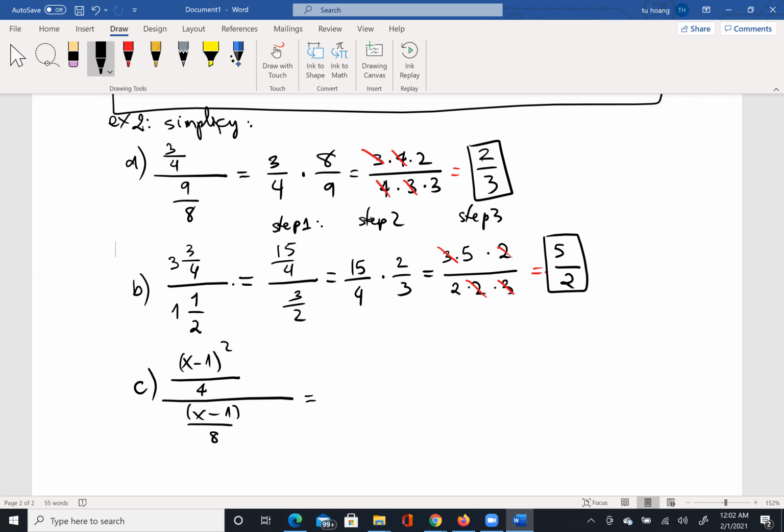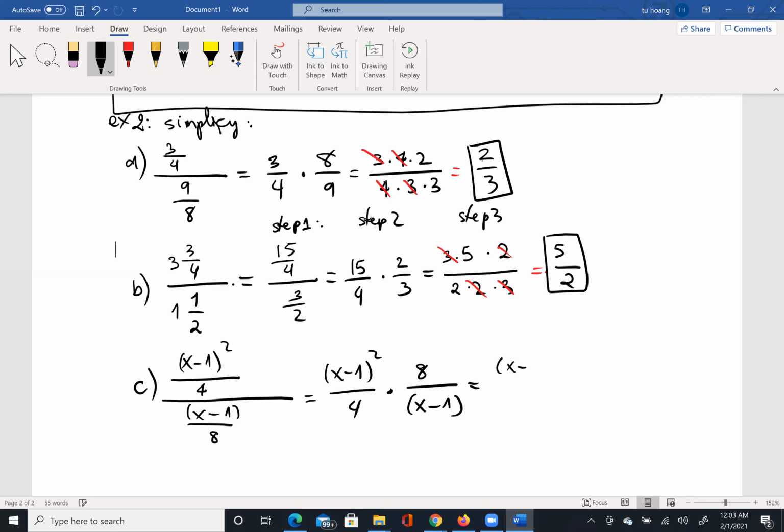So I multiply the numerator, x minus 1 squared over 4, by the reciprocal of the denominator. So it's going to be 8 over x minus 1, right? And now I'm just going to factor everything.